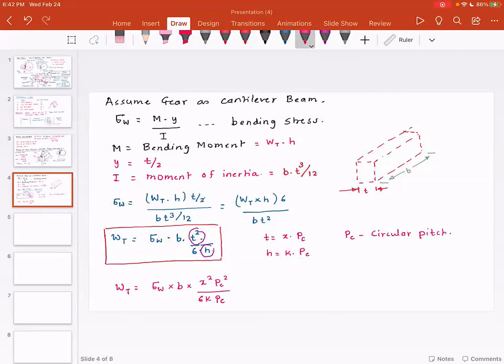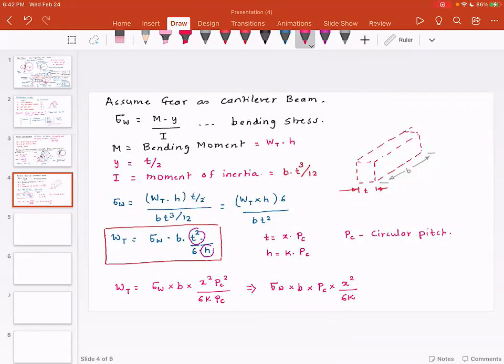And this equation leads to, and this is important, sigma W multiplied by B, which is the face width, multiplied by the circular pitch, multiplied by a factor, which is X squared divided by 6K.